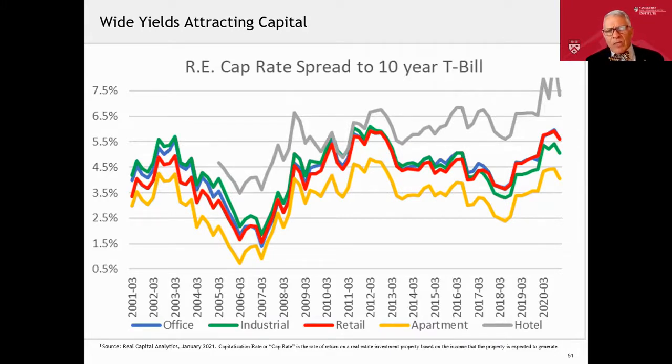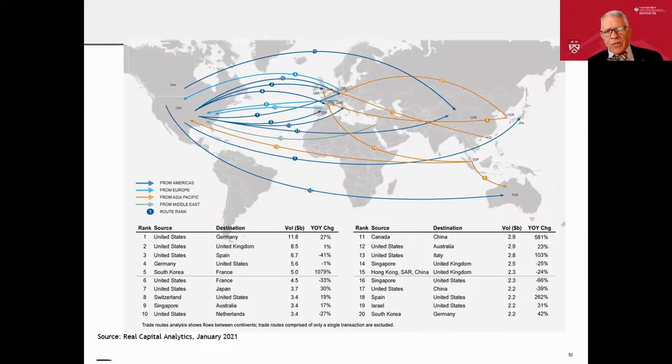It dropped to only about 2 in '07, but today it's between 4 and 7%. So on a relative basis, because I can't go backwards and buy in history, real estate on a relative basis is a very attractive investment, a higher yielding investment, which is what most people are looking for. So that's one of the reasons that I think it's still attractive.